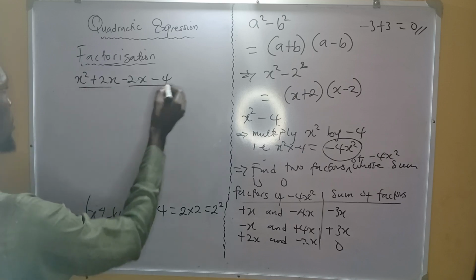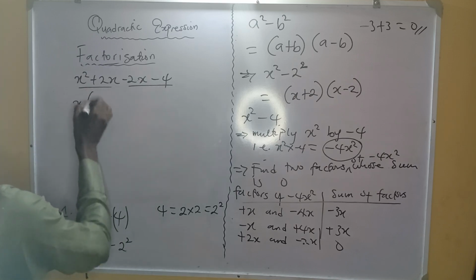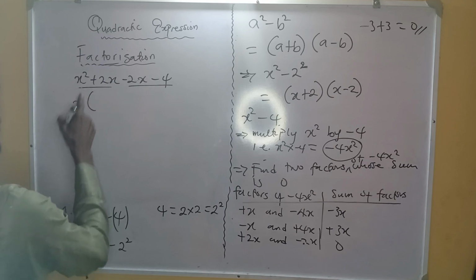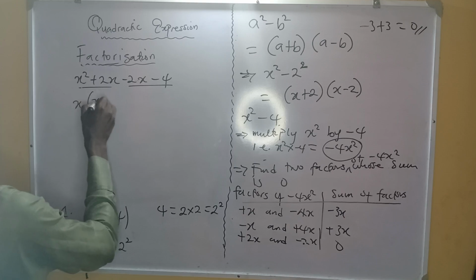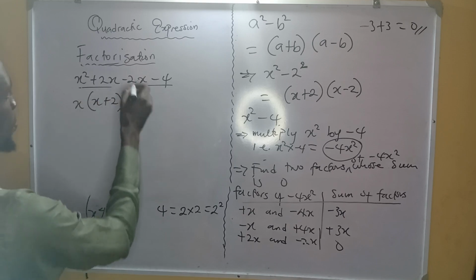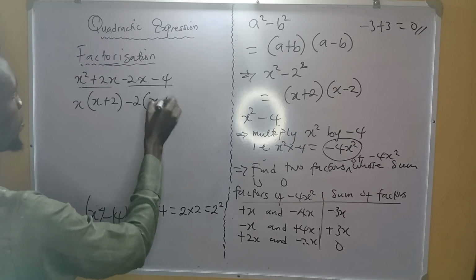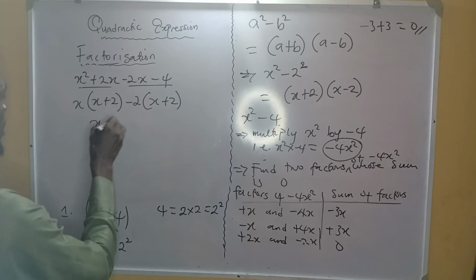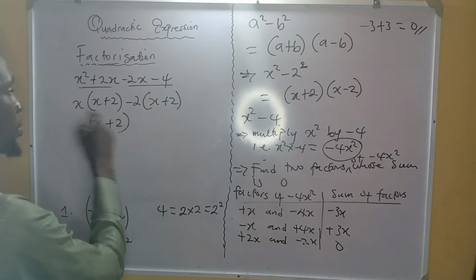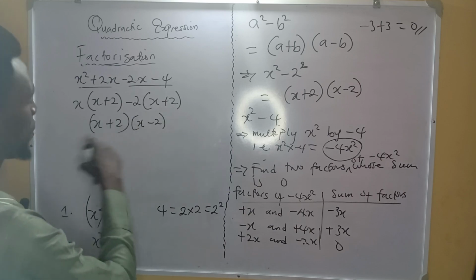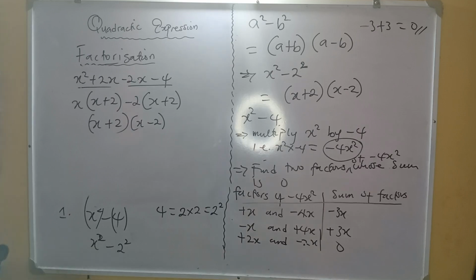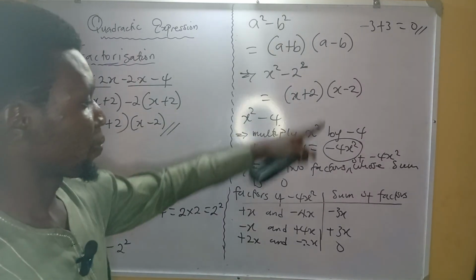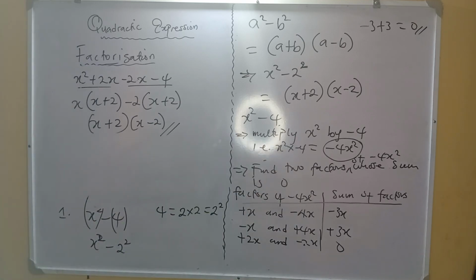So when you factorize, x here is common, you have x plus 2, and minus 2 is common, you have x plus 2. So you will have that x plus 2 is common, so we create another bracket for the coefficient of the bracket. So this is what we get.